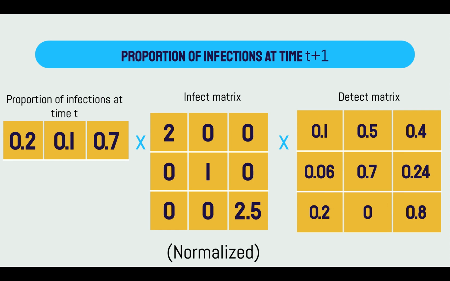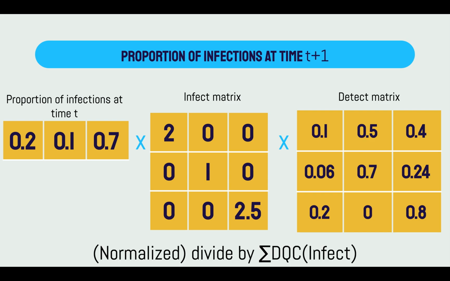Then we're going to normalize this to turn it back into a proportion, because it's not necessarily going to sum to 1. So we'll divide by this DQC, the detect, quarantine, and community vector, times the infect matrix. We multiply these two pieces together, sum the values up, and divide by that to normalize.